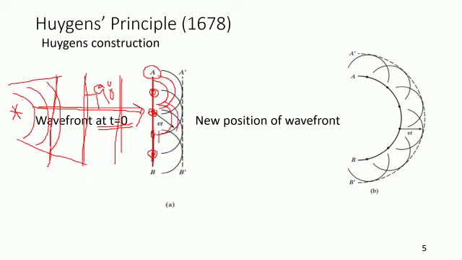So you can consider this to be a source, and you can then draw circular wavefronts around it in the forward direction, remember, not in the backward direction. This is not allowed, because light is moving in just one direction, in this direction.